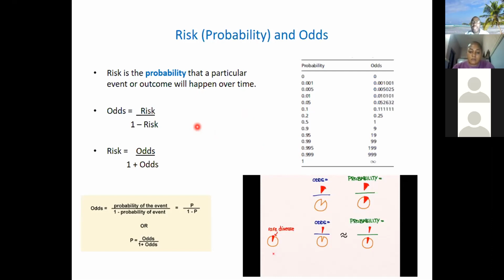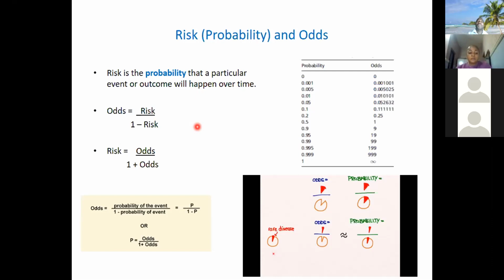If I say the probability that it will rain today is 6 over 10, 0.6, what is the odd that it will rain?